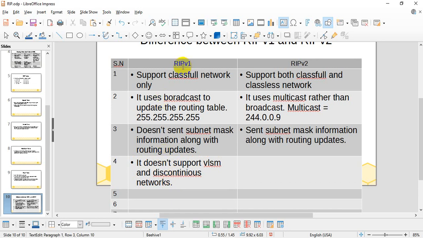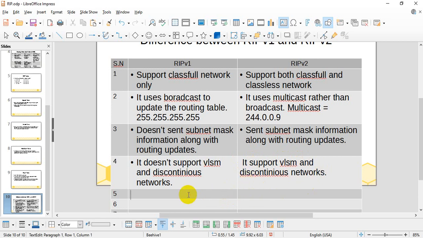It means RIP routing information protocol version 1 does not support VLSM and discontinuous networks, as in RIP routing information protocol version 2, it supports VLSM and discontinuous networks.